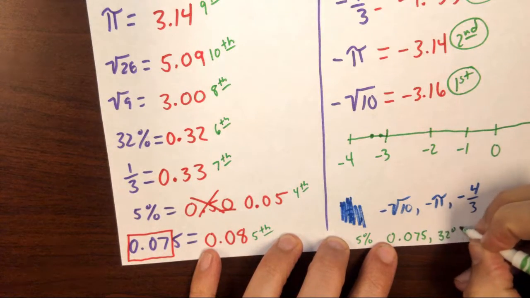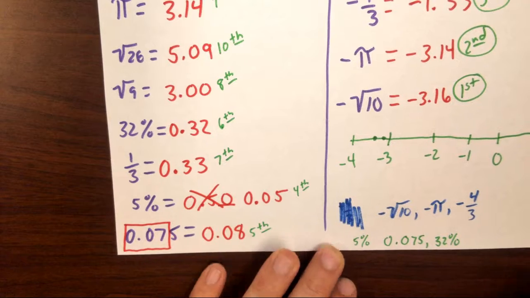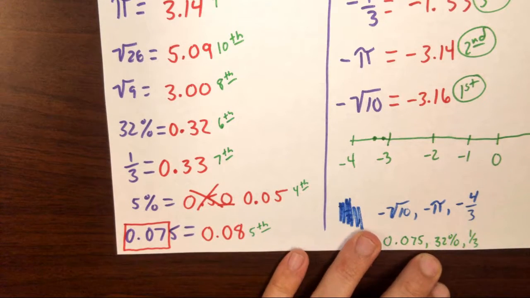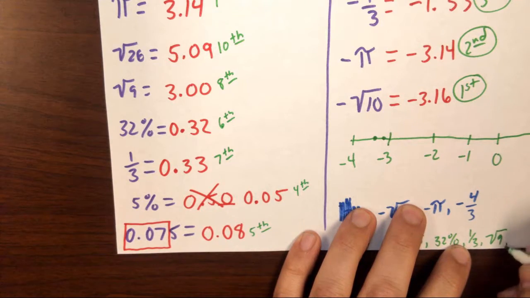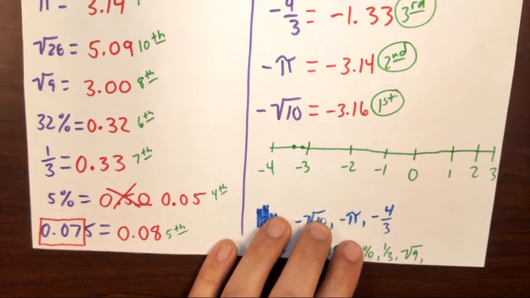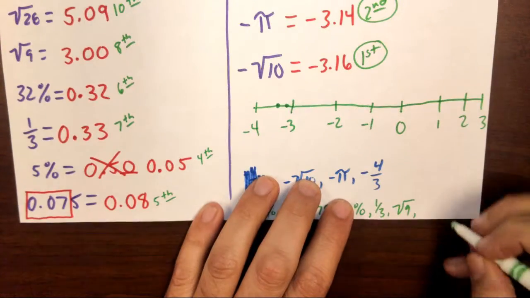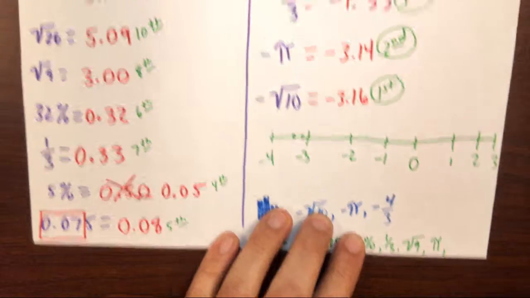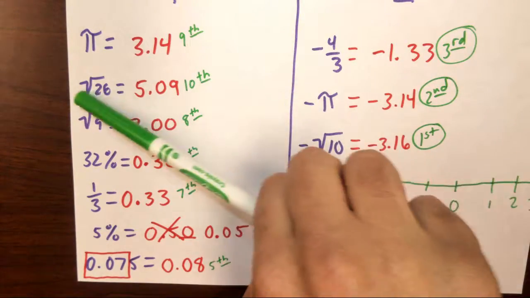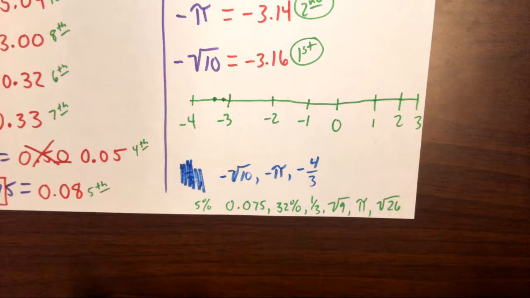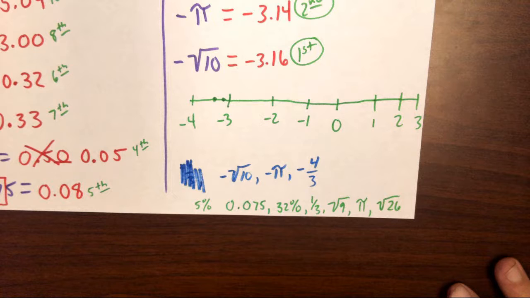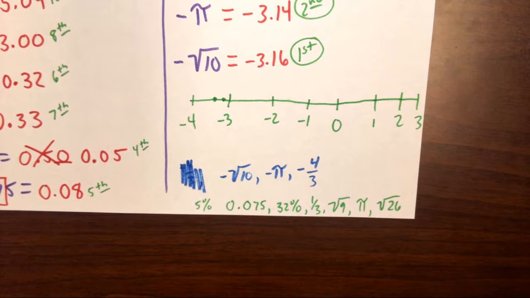Sixth, seventh, eighth, pi is ninth, and then tenth is the square root of 26. Those are the type of numbers you'll see, putting all real numbers in order. Use your calculator. Thank you.